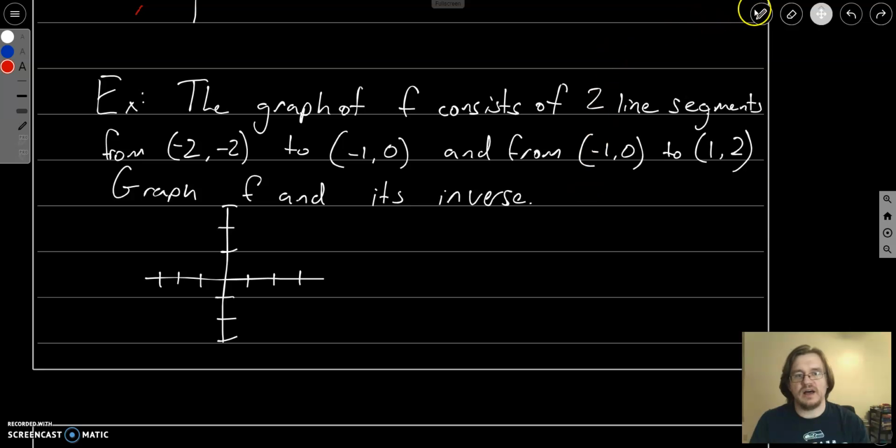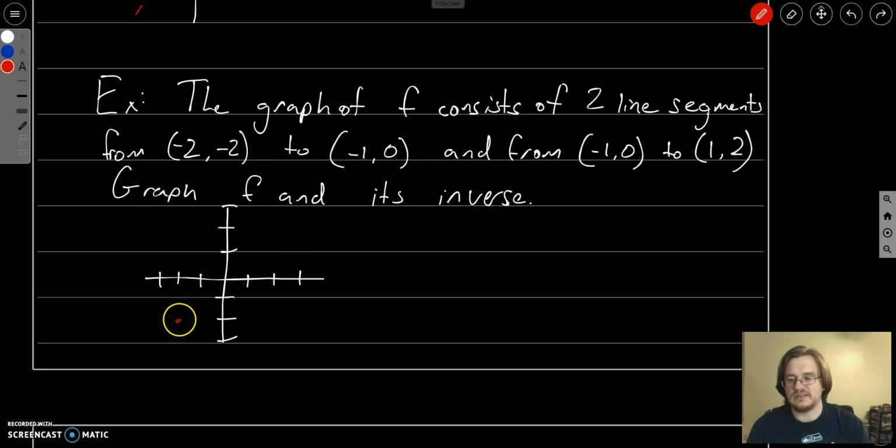So in this example, the graph of a function has two line segments, one from -2, -2 to -1, 0, and then we carry on from -1, 0 to 1, 2. So let's graph f and its inverse. The graph of f is pretty straightforward. There's a line segment from -2, -2 to -1, 0.